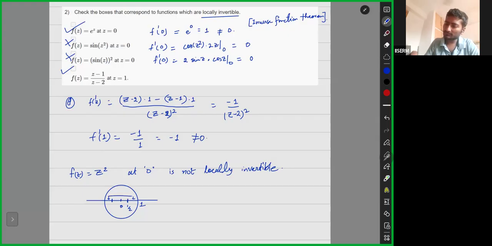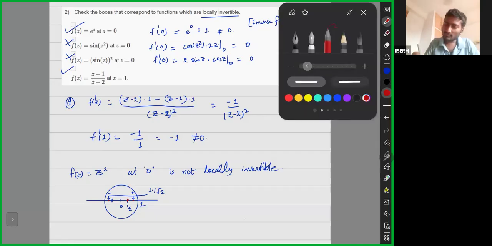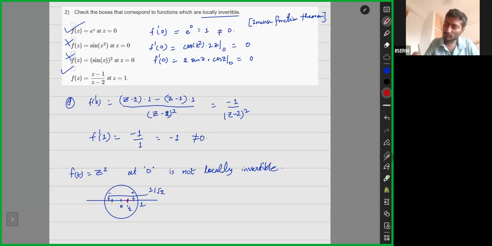So these two things are 1 by root 2. Where will they go? They are going to go... so minus 1 by, sorry, this is minus 1 by 2.